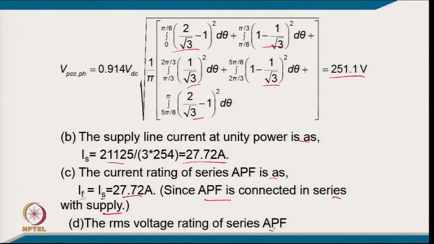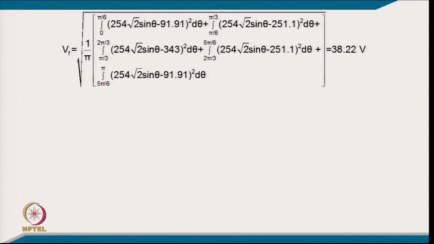And the RMS voltage rating of the series active filter we calculate here again from the 5 segments of difference between the sine wave and the step wave, which we have already discussed, 2 upon 2 pi. So, first segment of 30 degree, second segment of 30 degree, fourth segment 30 degree, and fifth segment of 30 degree. With this calculation, it comes to only 38.22 volt.